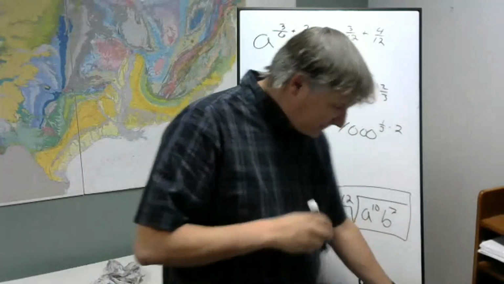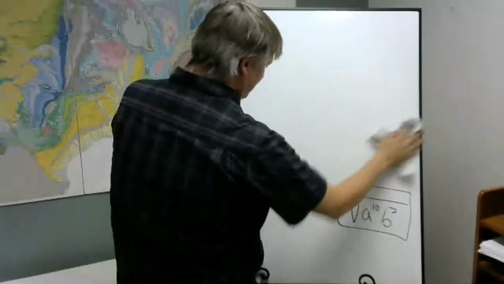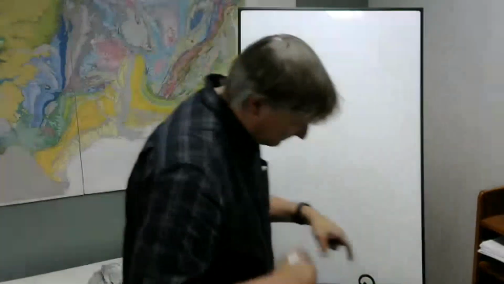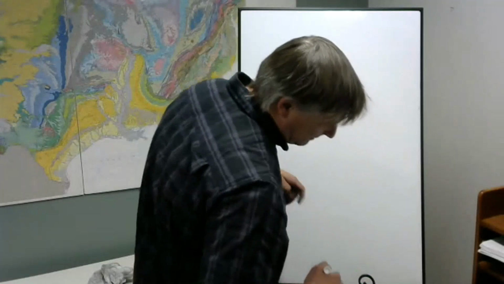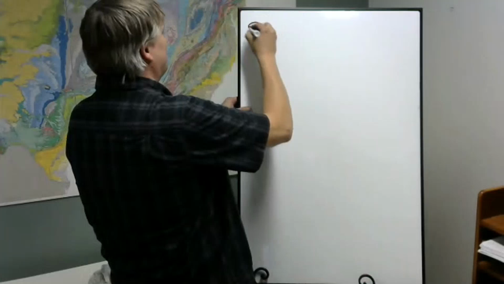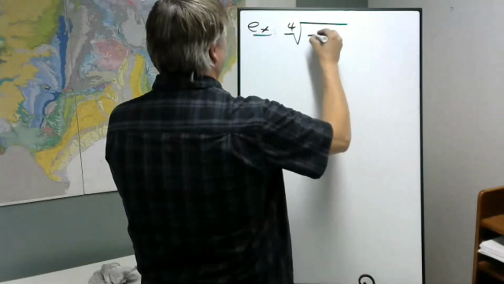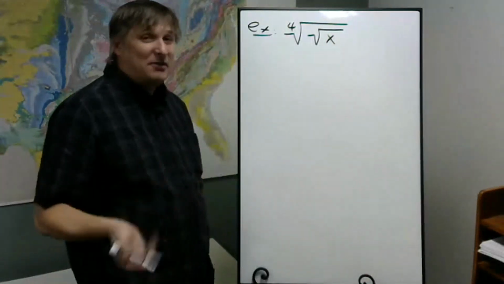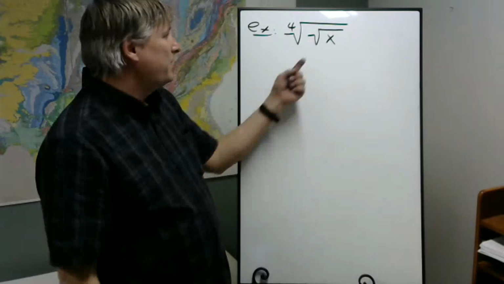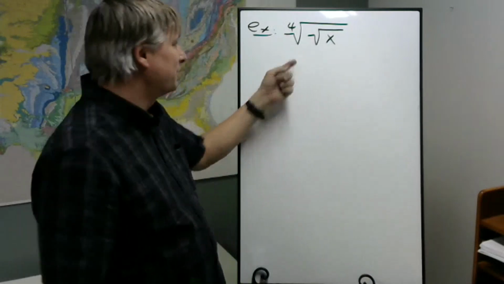Let's see. Oh, here's a good one. So let's say we have this. How do you simplify this? Well, we can write this as a rational exponent.